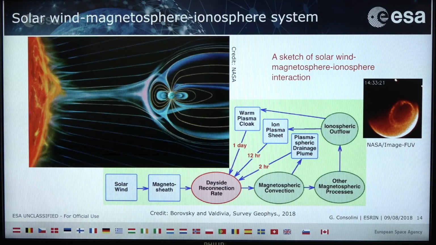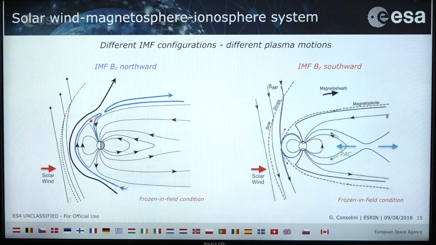You can see that the magnetic field lines, for instance, here are directly connected to the high latitude ionosphere. So particles move along magnetic field lines. So what happens here has a direct impact here. What happens here or on the boundary has a direct impact here, which is called the cusp, and so on. So we cannot discuss what happens here without considering what is happening outside.